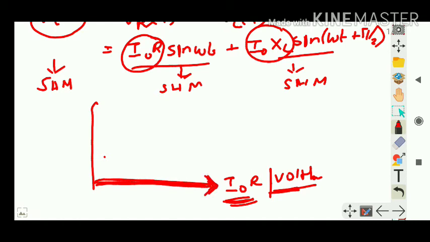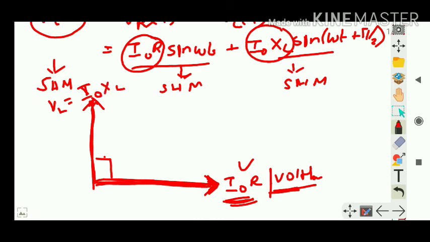So I naught R is in this direction. Then the inductor's voltage will be leading by 90 degrees, so this will be the voltage VL, or the amplitude, which becomes I naught XL.